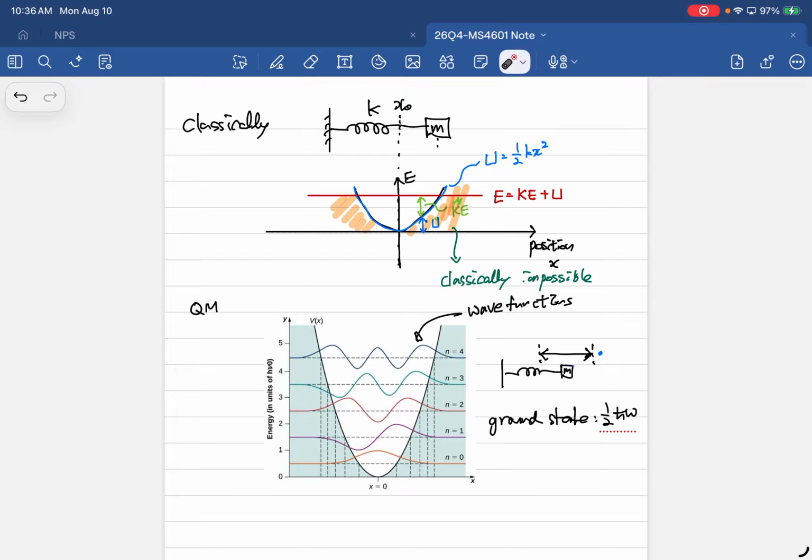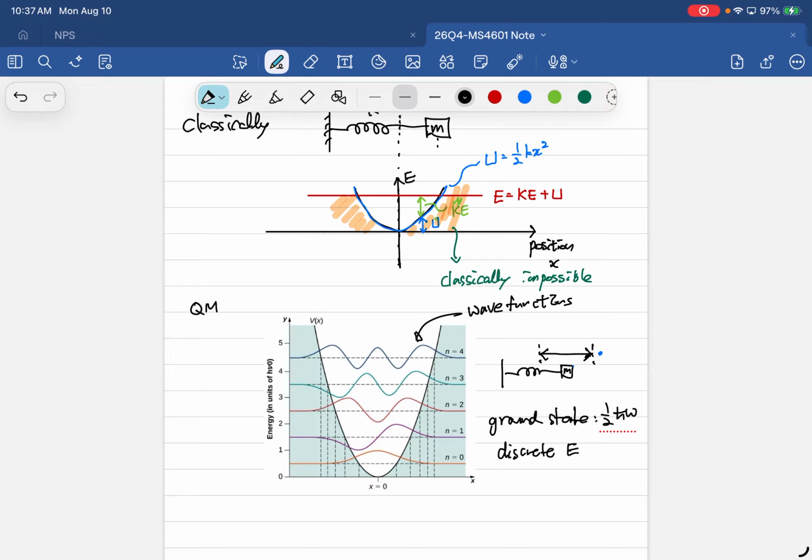And also, discrete energy. Energy is no longer continuous. The particles can only sit at certain values, discrete energies.